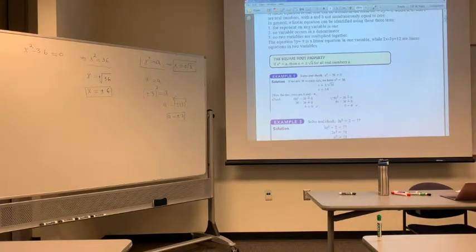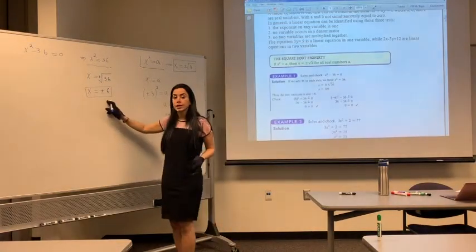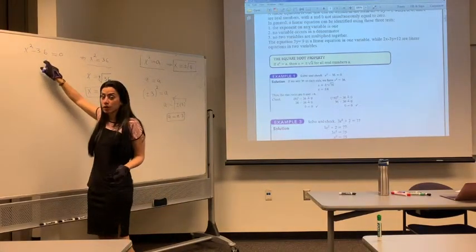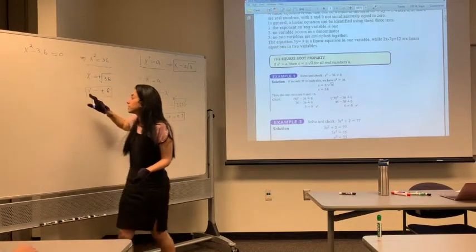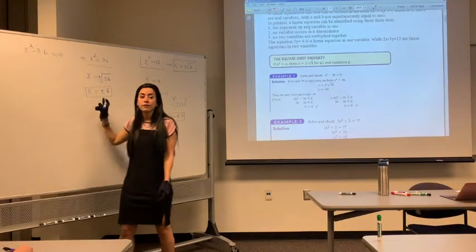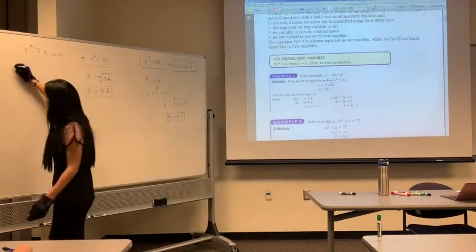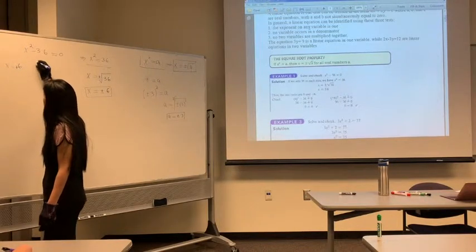So there is just one thing about this kind of solution. We have to check our answers. So how do we check them? We put them back in the equation. So if we have x squared minus 36, one time for x we put 6, another time for x we put negative 6. Let's solve this for x equal positive 6.